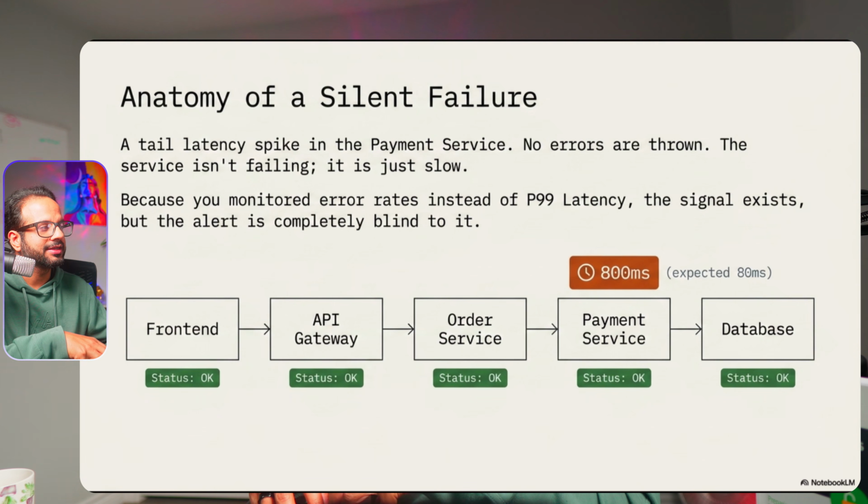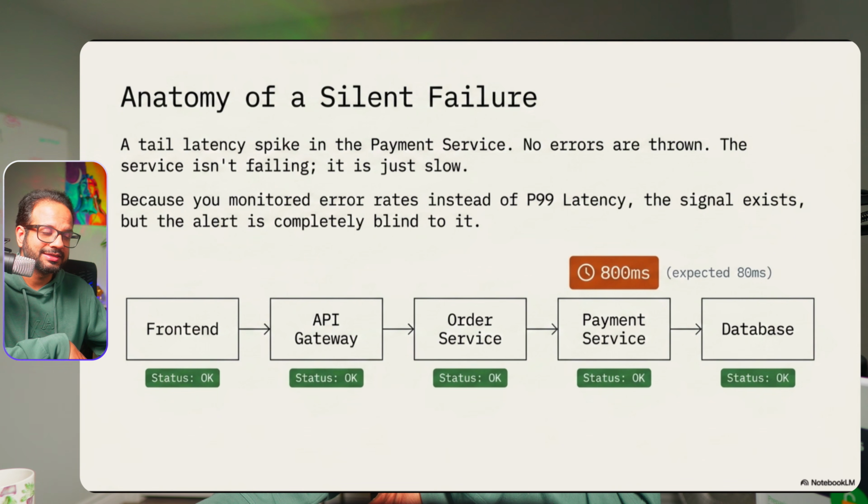So you are monitoring all the important metrics, all the important signals that you could on these services. But the payment service, which is expected to have 80 microseconds latency, is exhibiting 800 microseconds latency. And because of this, the request might time out, or users might face some other issues.